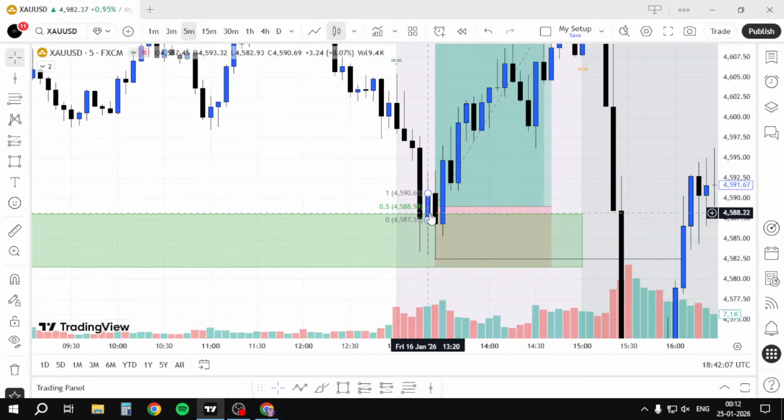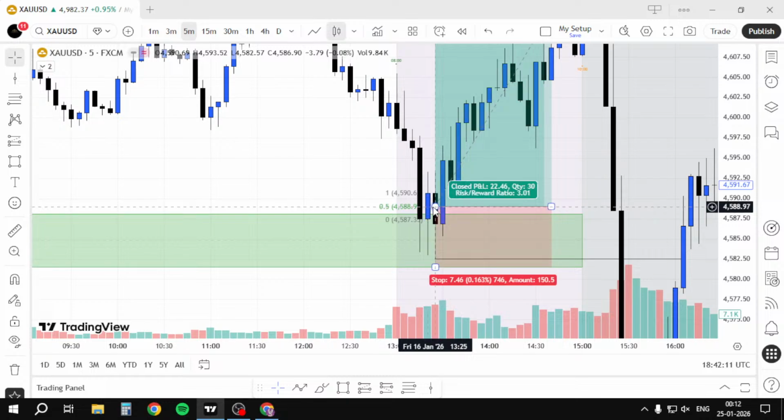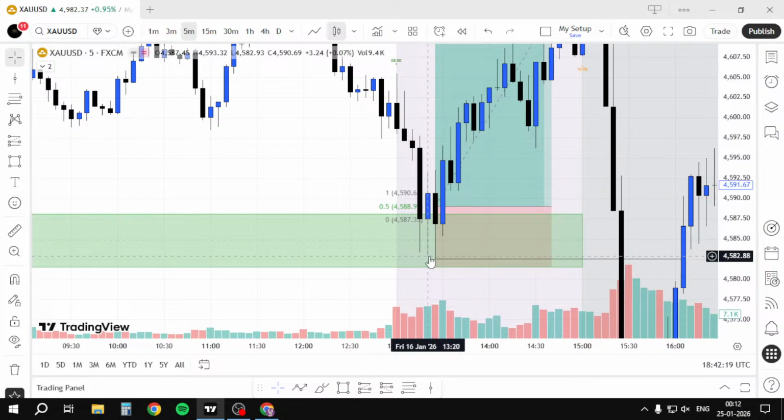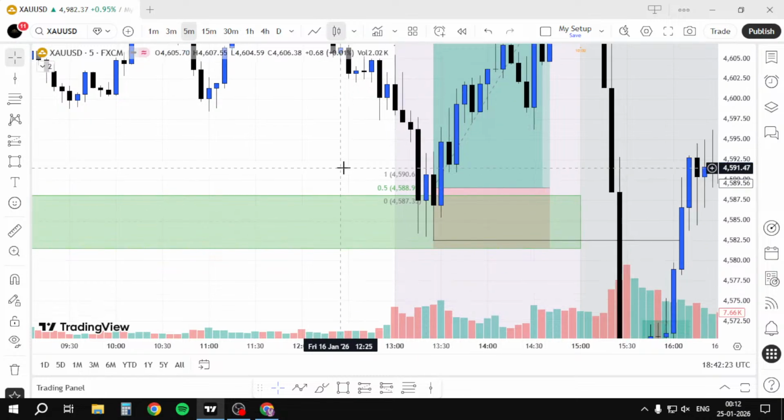Now we will put our entry limit order at 50% of the bullish candle's body, then put our stop loss just below that. But if you put it here, your stop loss is definitely going to be hit.